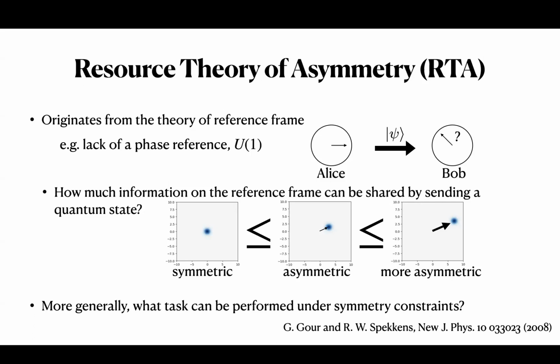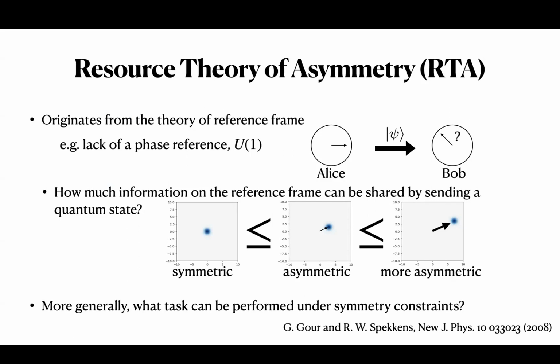For example, Alice and Bob do not have a shared phase reference described by U(1) symmetry. And when Alice sends an asymmetric quantum state to Bob, then Bob obtains partial information on the phase reference of Alice, depending on the degree of asymmetry.